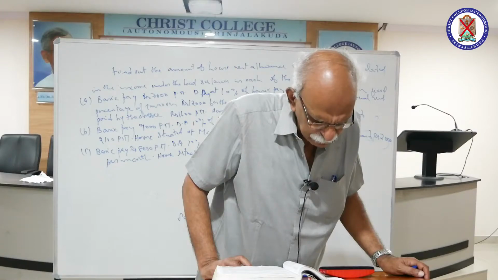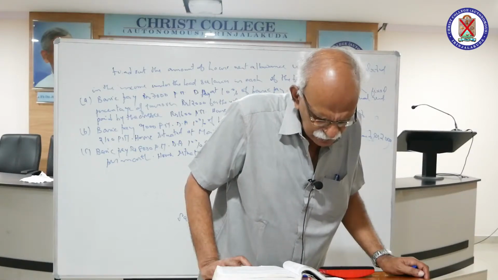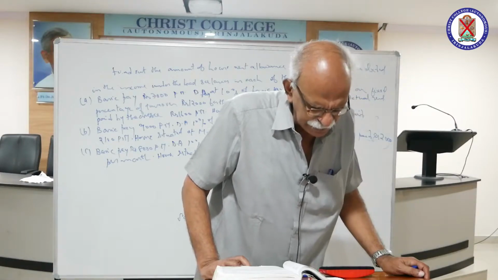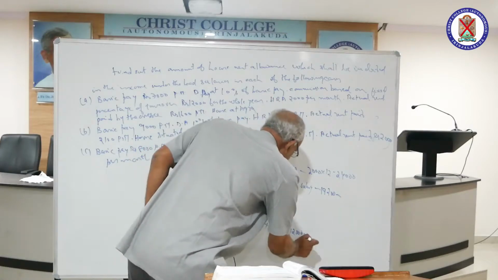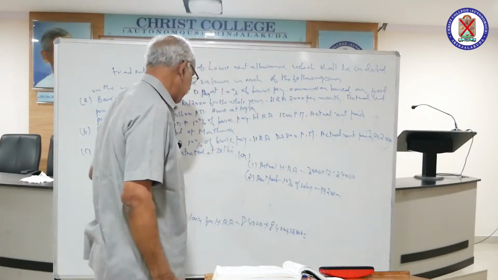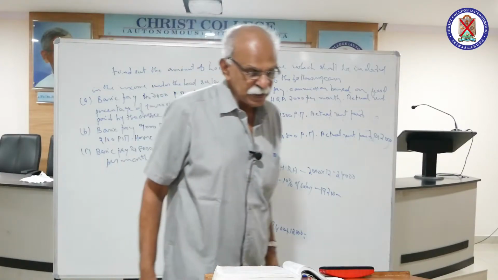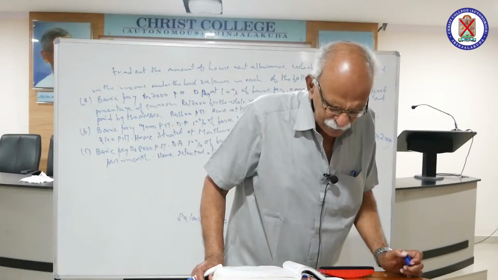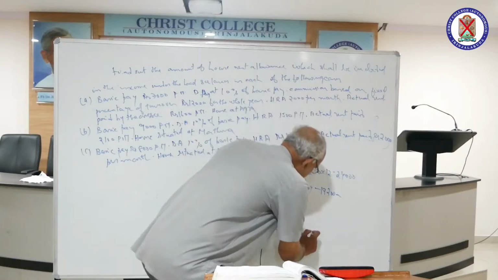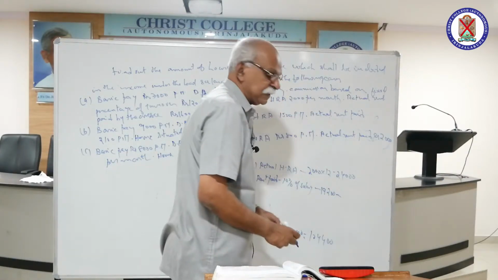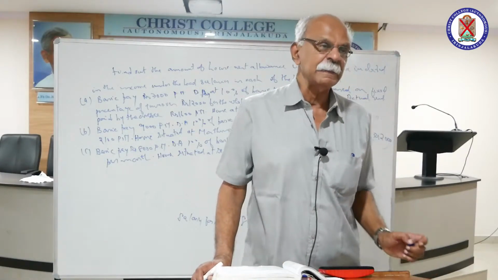Commission based on fixed percentage of turnover is how much? 12,000 during the year. So how much is salary for the purpose of HRA? 84,000 plus 8,400 plus 12,000. How much does it come to? 1,04,400.